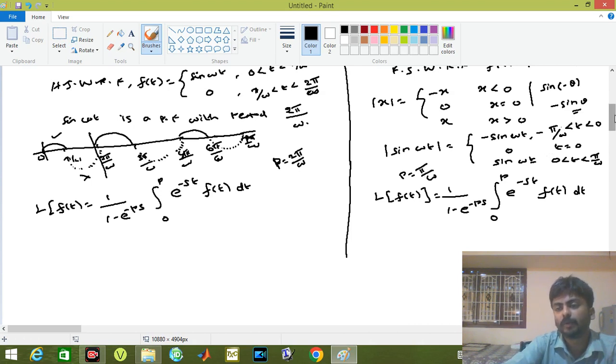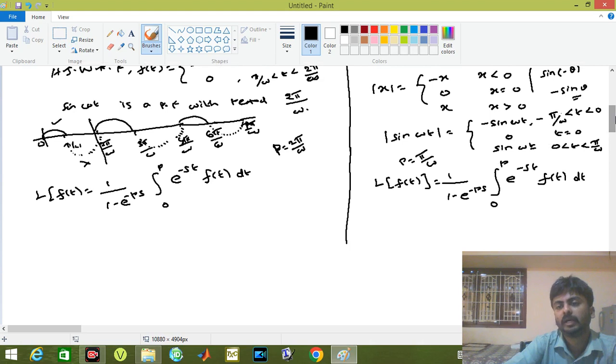Since they have given modulus of sine omega t and they have mentioned t greater than 0, or they have given modulus of sine omega t for 0 less than t less than pi by omega, sometimes they will mention like this also, modulus of sine omega t for 0 less than t less than pi by omega. Our modulus of sine omega t will become sine omega t. Okay, that I will show in the next step.